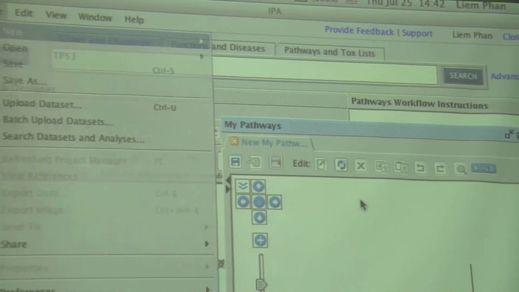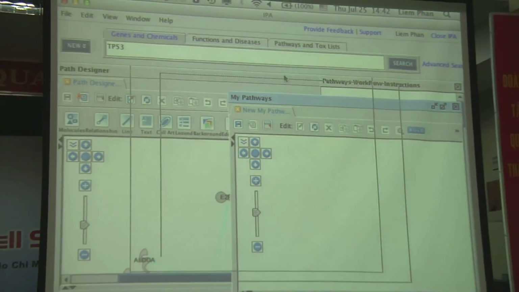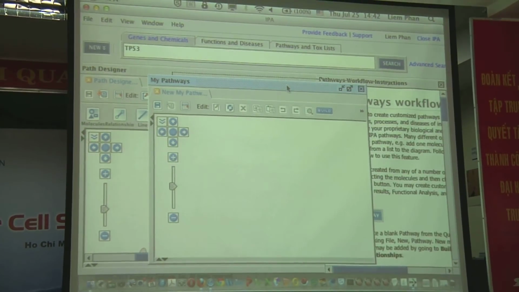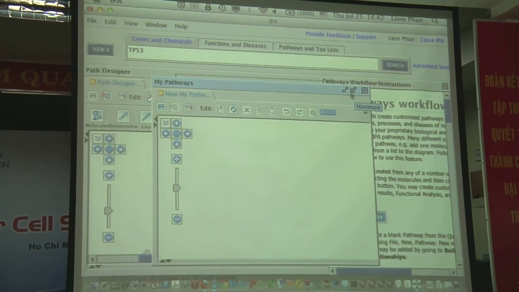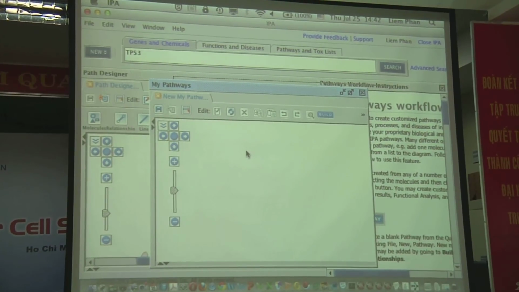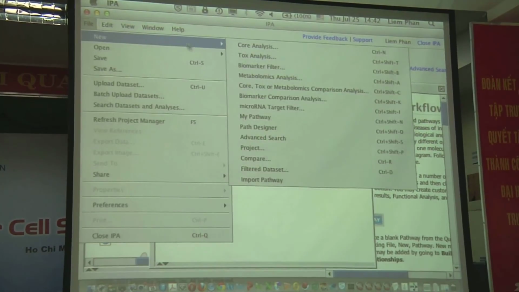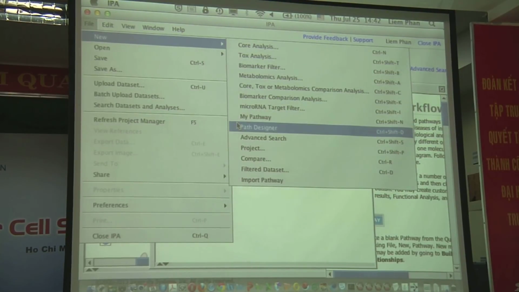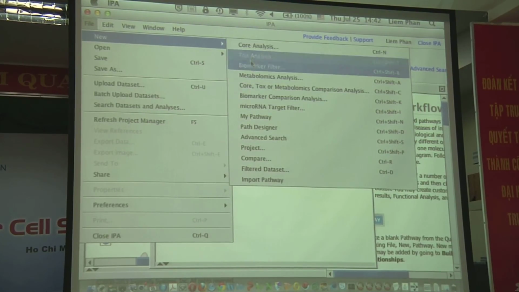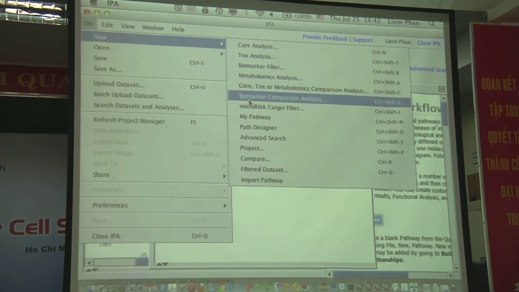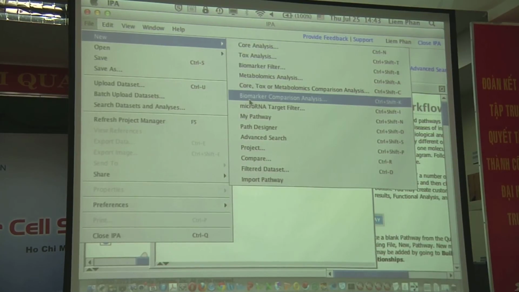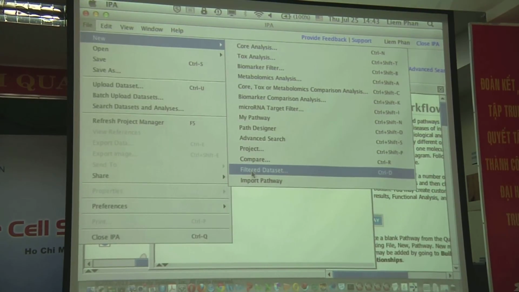Okay, I know this is pretty complicated, but if you have any question, please email me, and I will be happy to work with you. If you want to know about all of these functions, it takes about a couple of days to learn all of this. It's very complicated software. So what I just showed you is the most frequently used tool.